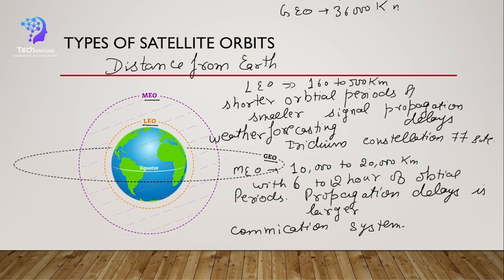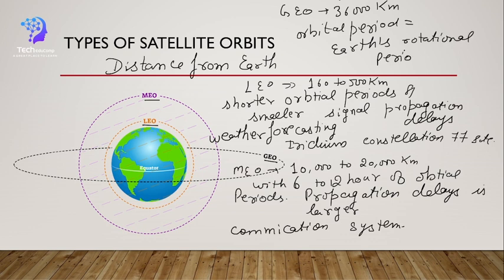Okay, so the third one is the GEO orbit, which is at a height of approximately 36,000 kilometer, and their orbital period is equal to the Earth's rotational period. So it appears like they are stationary at one point, even though they are moving at a constant speed.